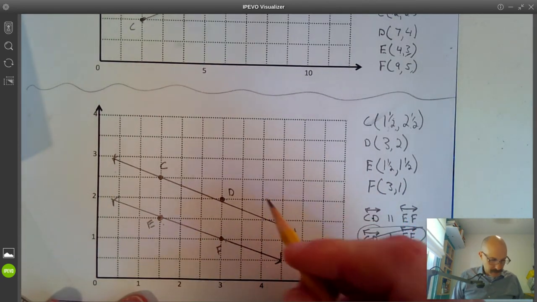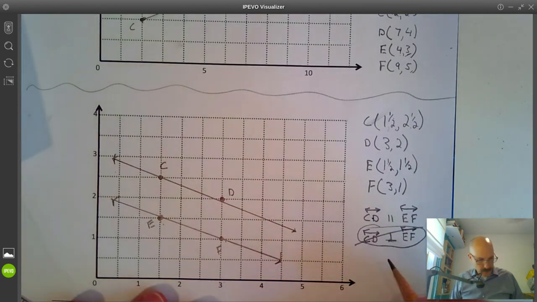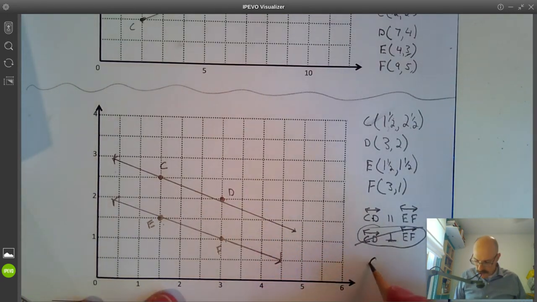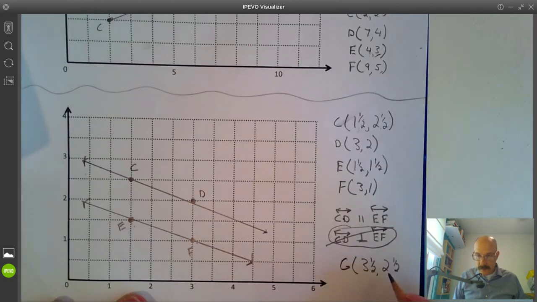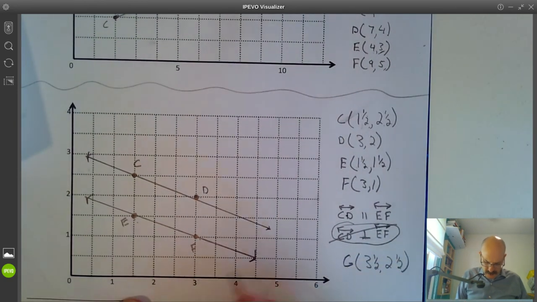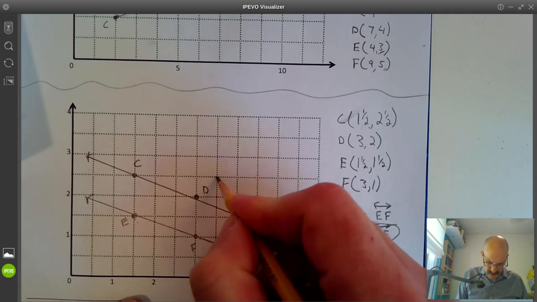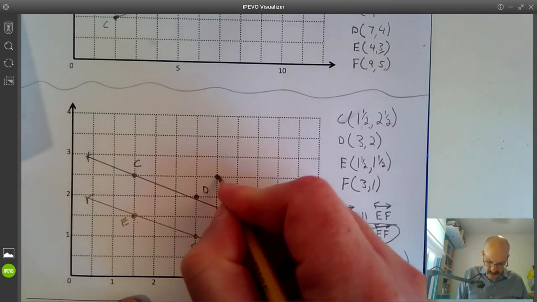And then finally, let's plot point G. We'll put point G at 3.5, 2.5. So 3.5, 2.5 is right here.